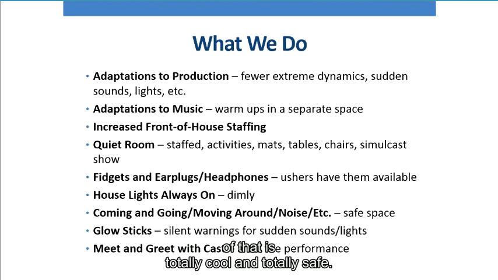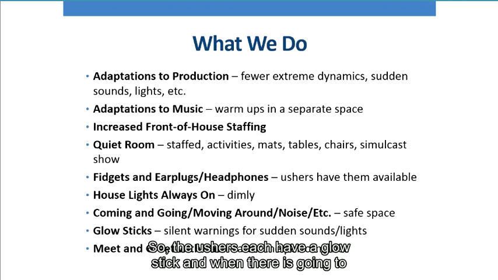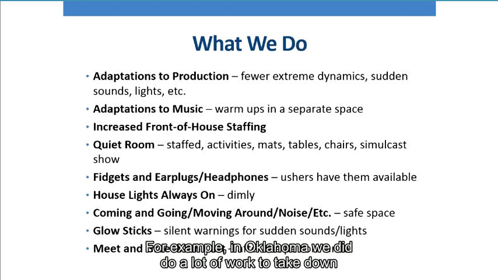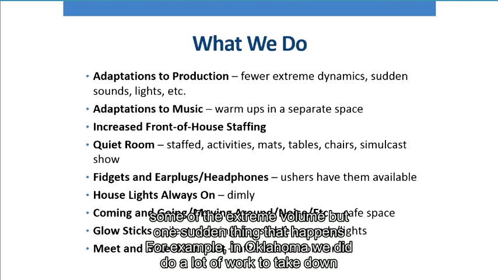To help with the safety, we also have glow sticks. So the ushers each have a glow stick, and when there is going to be anything that might be a little bit sudden, they raise the glow stick up so there's a warning. So, for example, in Oklahoma, we did do a lot of work to take down some of the extreme volume. But one sudden thing that happens in Oklahoma is that there is a gunshot.